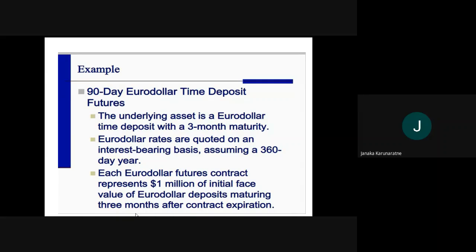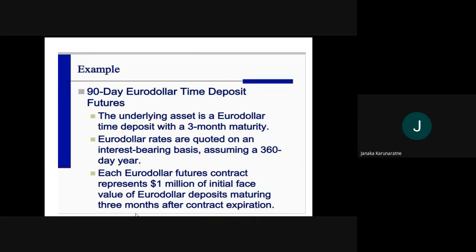So there are different day count conventions followed by different countries. Here the interest rate quotes are based on a 360-day year, so when they quote an annual interest rate, it is assumed to be a 360-day interest rate.